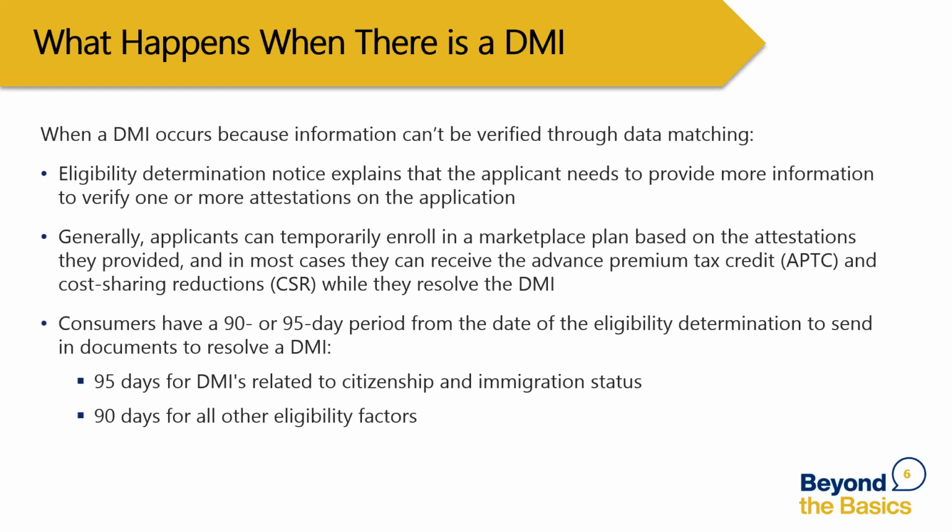If the data matching issue is related to immigration or citizenship status, there's 95 days. And for all other eligibility factors, it's 90 days, because it would be too easy to just say 3 months for everybody. Those are the number of days that people have to submit their documentation. Next slide.